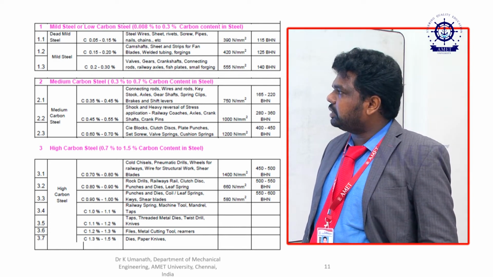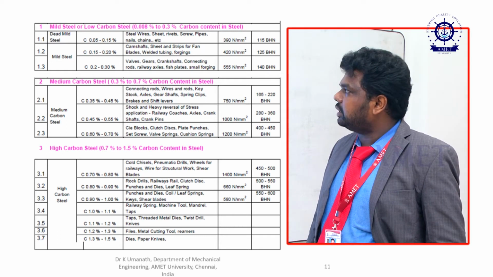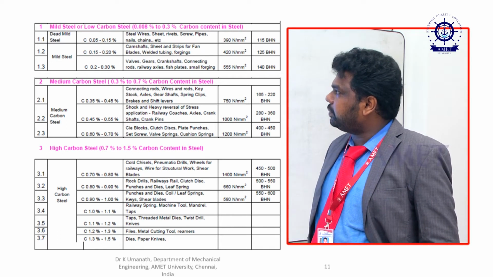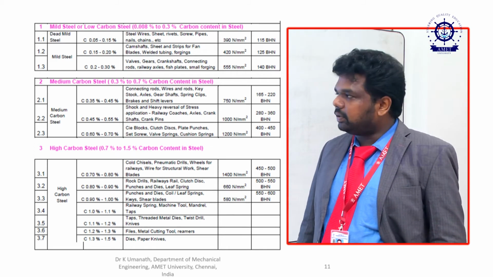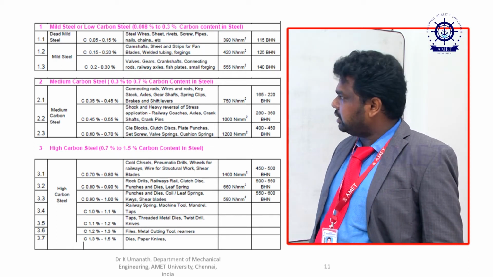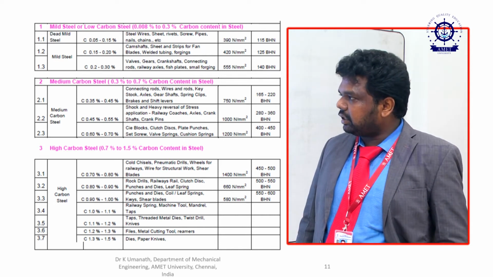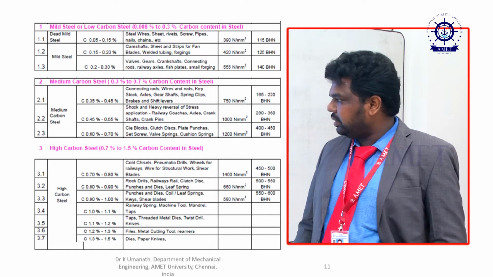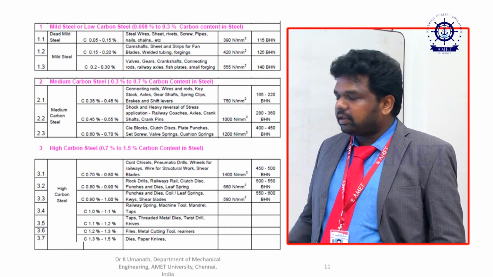So, medium carbon steel and high carbon steel tensile strength we discussed in this session. 390 to 555 is the strength for mild steel or low carbon steel, around 750 to 1200 for medium carbon steel, and more than 1400 you will get for high carbon steel.